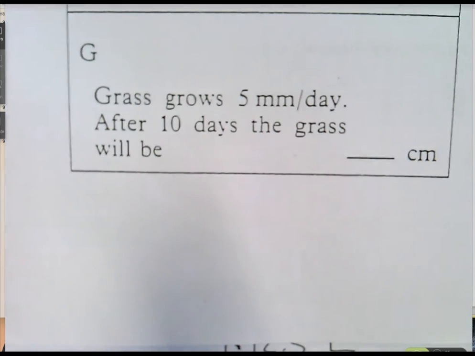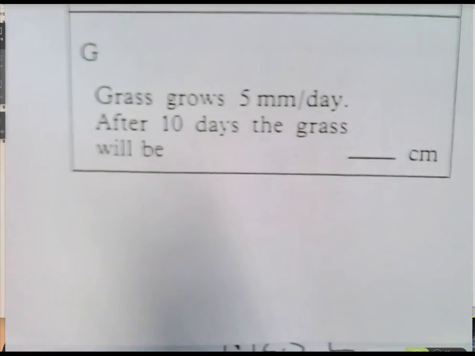5 millimetres per day. That slash day means per day. After 10 days, how tall will the grass be? Grass grows 5 millimetres per day. So every day the grass grows 5 millimetres.